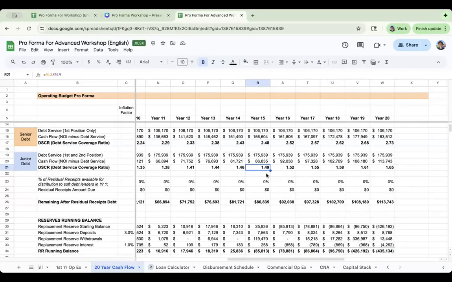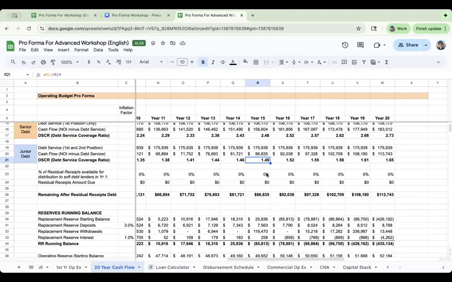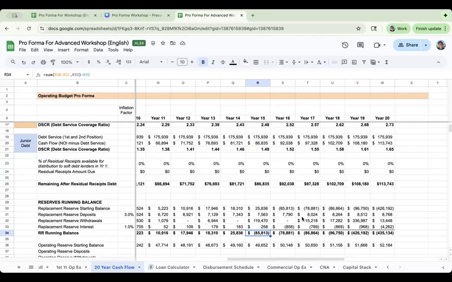That means if we bring this back down to 1.15, we can infuse, I don't know, a couple $100,000 more debt into the project, still keeping it at that level that a lender will approve of. And that might be just the amount that we need to fund the reserves for the remaining 5 years here, but in the future we'd probably do another CNA at year 15. So into the future as well.